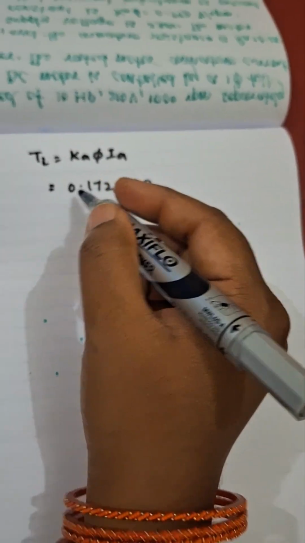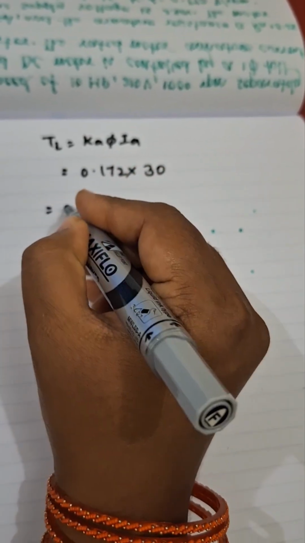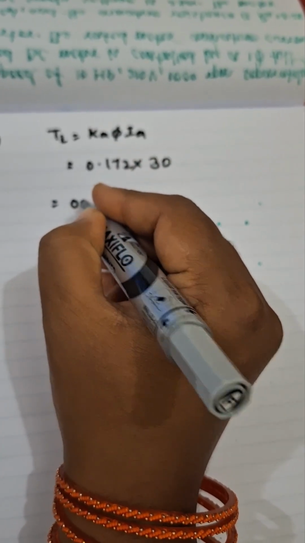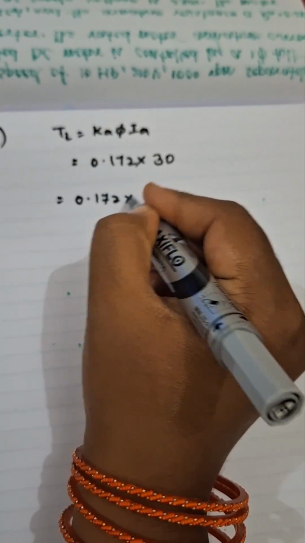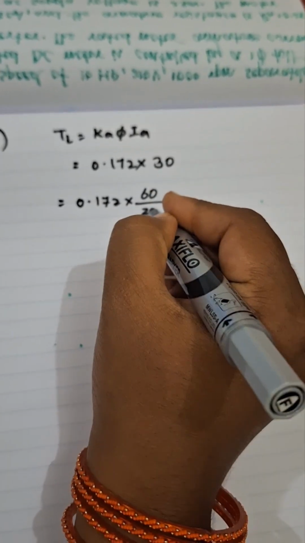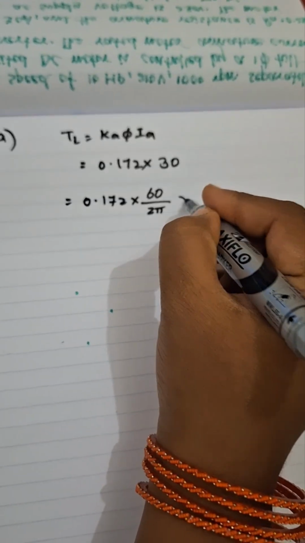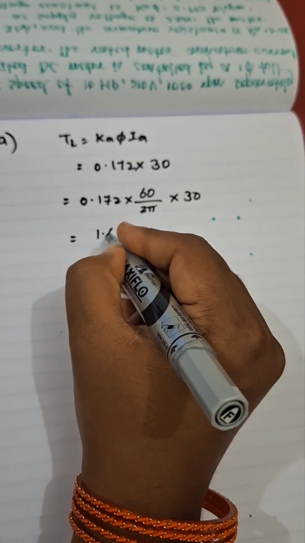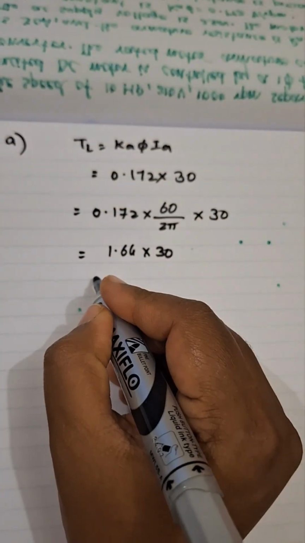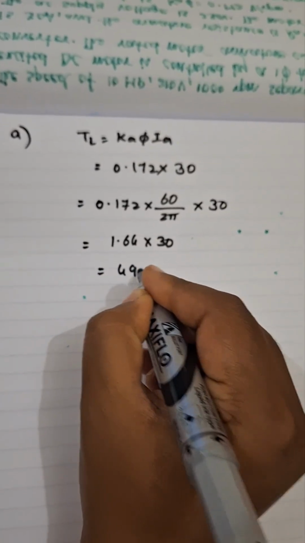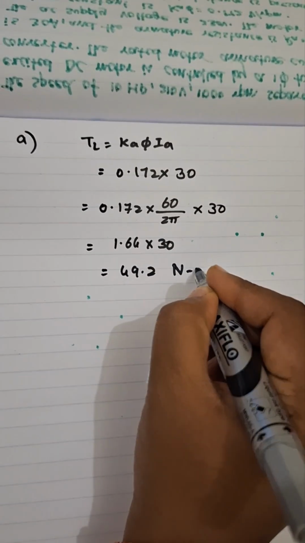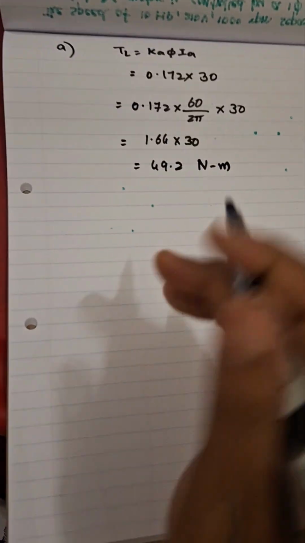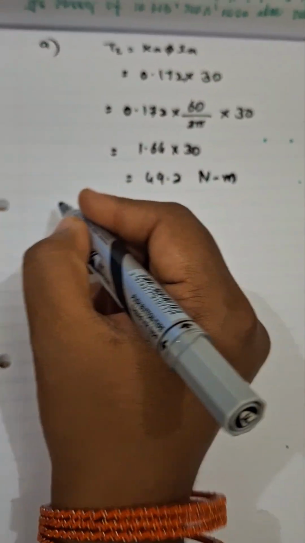So I am converting it as 0.172 times 60 by 2 pi, which is 1.64. Times 30 gives 49.2 Newton meter.